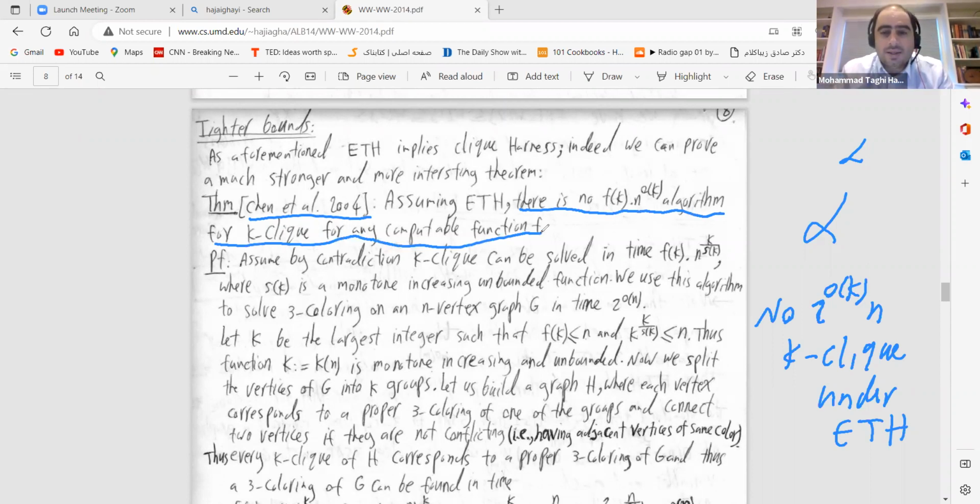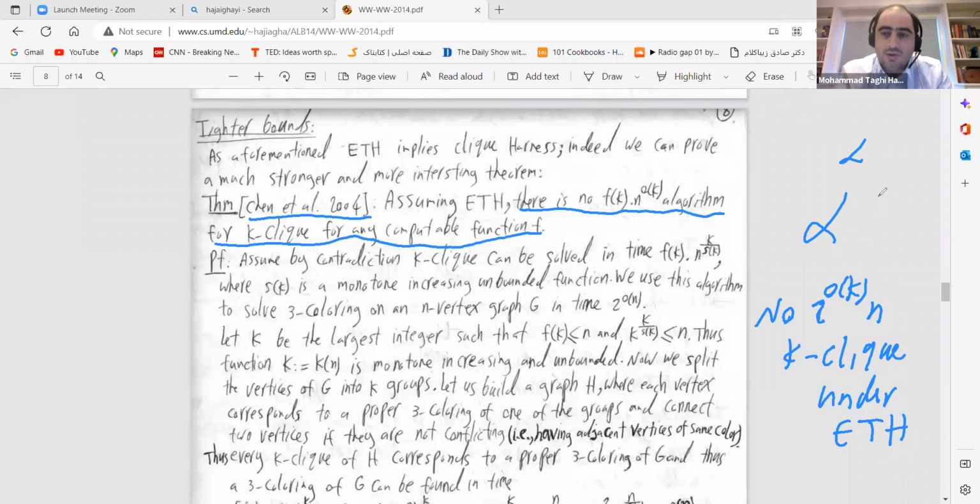So this gives a better result. It says not only is no 2 to the little o of k times n possible, indeed no f of k times n to the little o of k is possible.